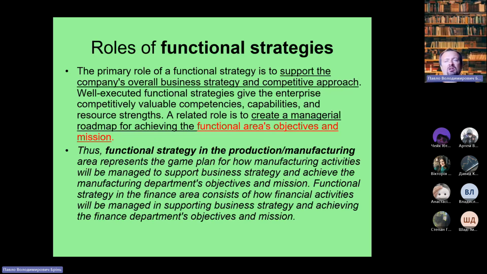Every functional sphere of the company also can have a mission statement. And within our course, we will speak a little bit about functional strategies. We will just discuss the beginning. So within your tasks, speaking a little bit forward, you will have to prepare the mission statements for two functional spheres of the company.